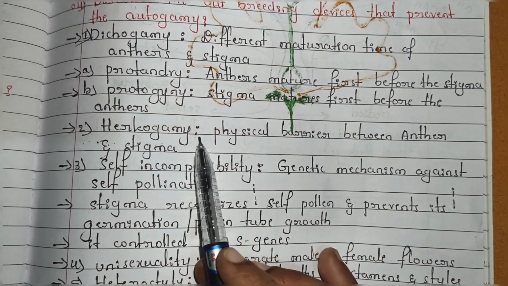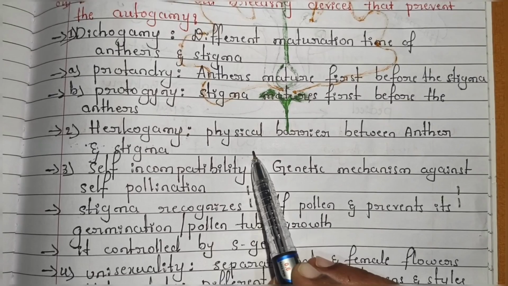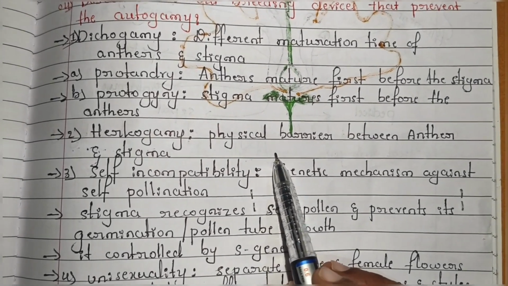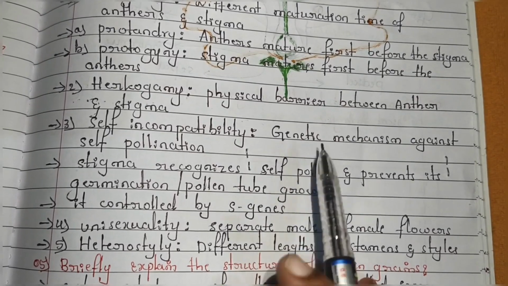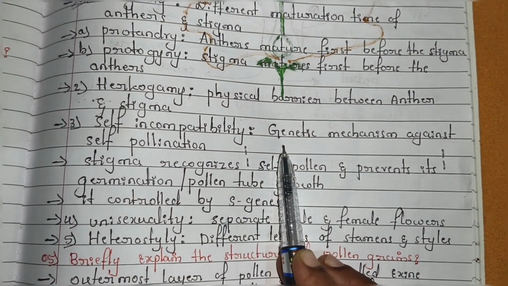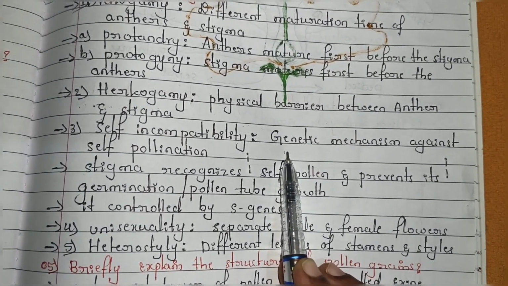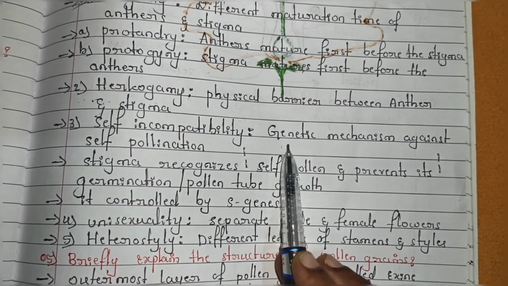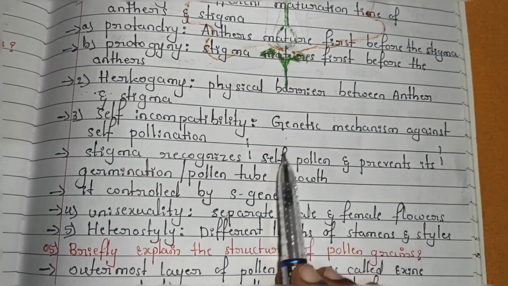And next, herkogamy. Herkogamy means a physical barrier between the anther and stigma, meaning they have a difference in length. Next, self-incompatibility. The stigma has one type of protein and the pollen grain also contains one type of protein. They check if it is the same type of protein; if it is the same, they think it is our own plant's pollen grain, so they reject it.